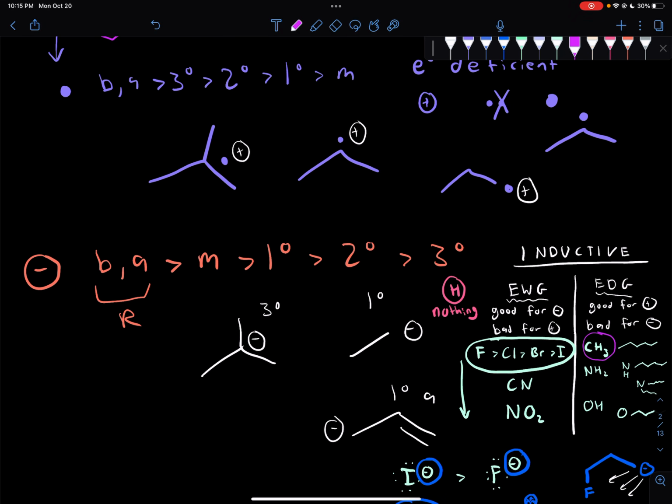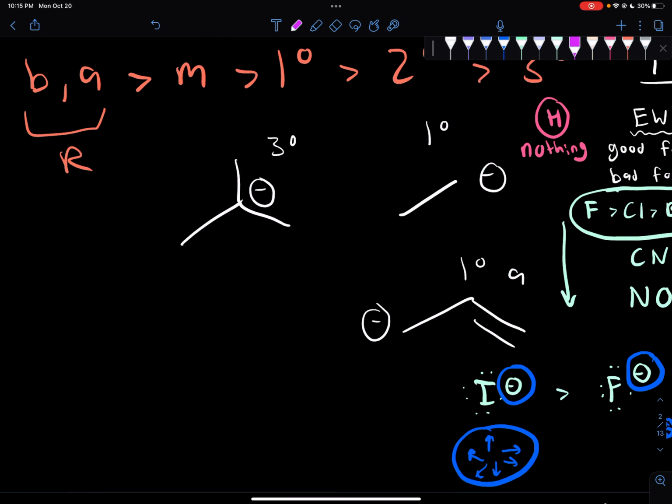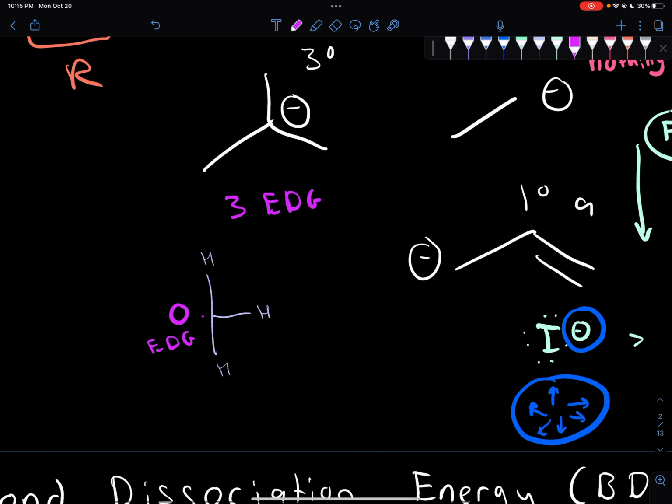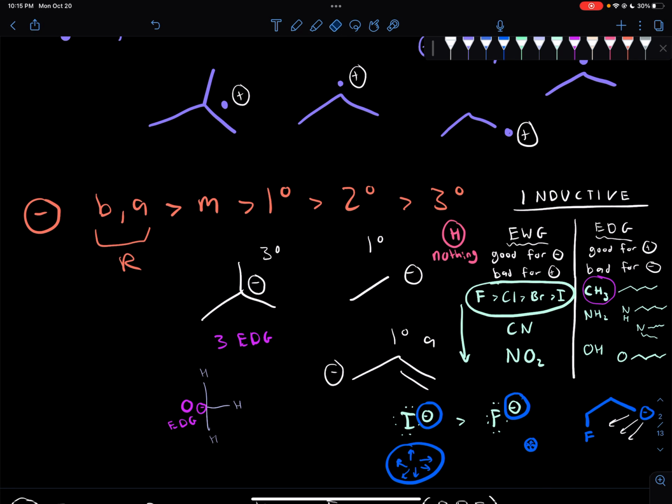Now, when it comes to negative charges, it's the same thing but opposite, right? So we have 3 EDGs here versus, let's say a methyl. Let's draw this again. A methyl has 0 EDGs. Although this has nothing, it's better to have nothing than to have a lot of bad stuff, right? That's why our ranking looks like this.